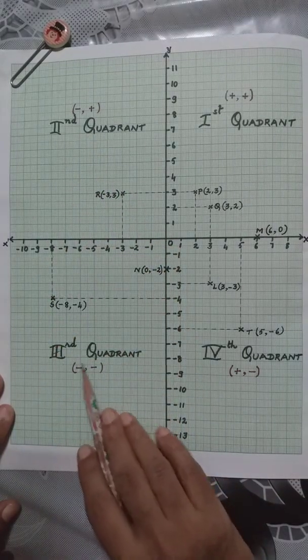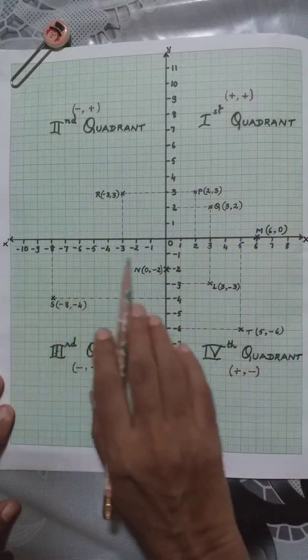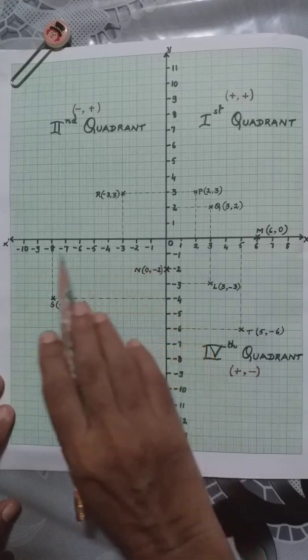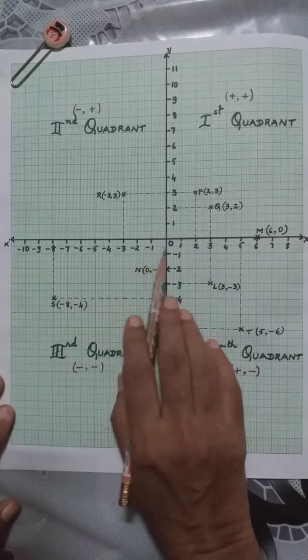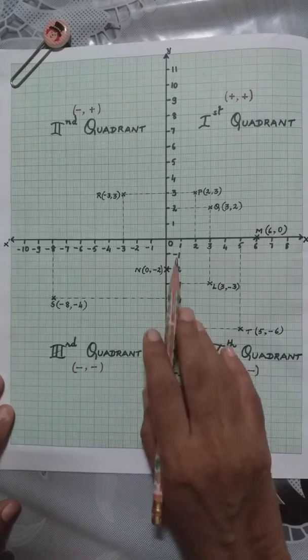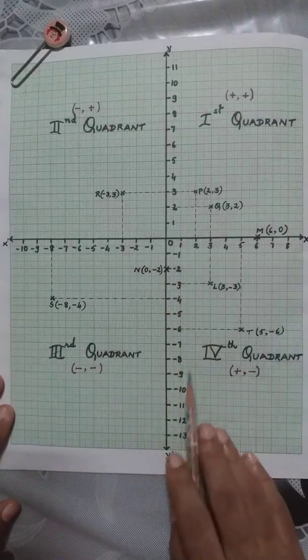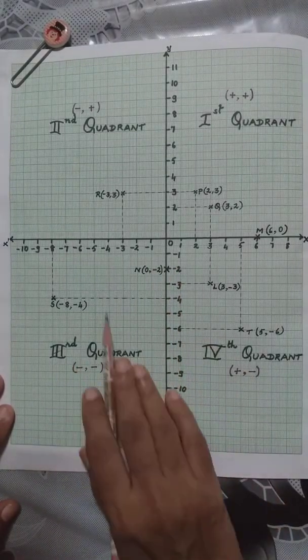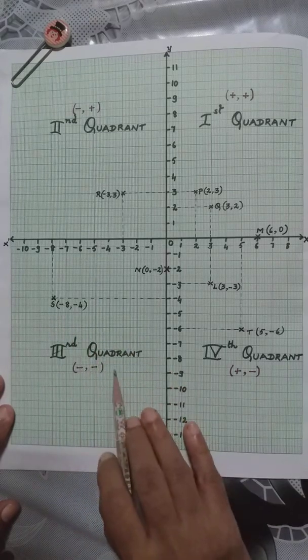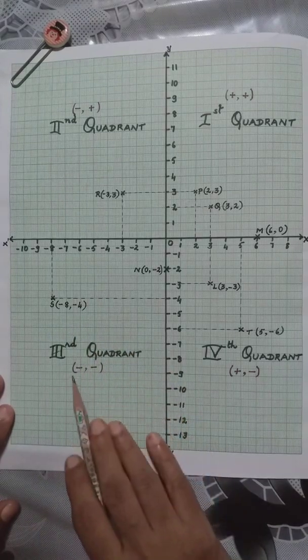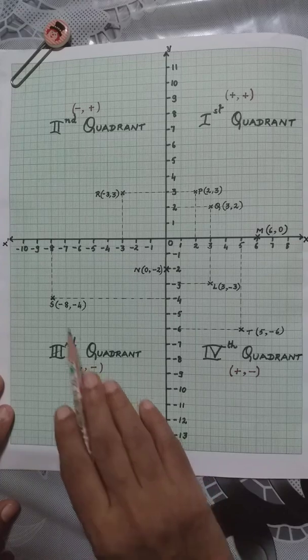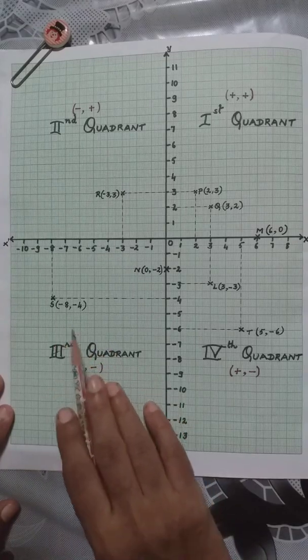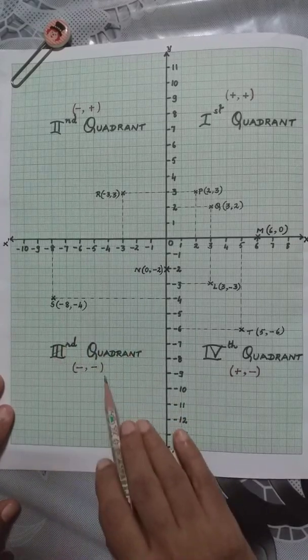Now going to the third quadrant, on the x-axis you will see all the numbers having a minus sign. The y-axis also has a minus sign. So what will the signs of the coordinates be? Negative comma negative. So the points will have coordinates where both are negative.